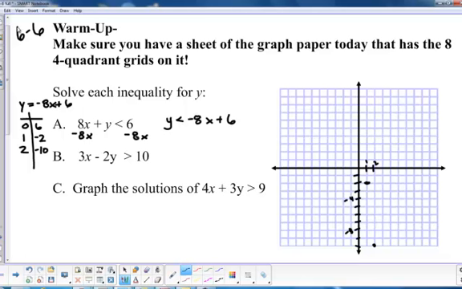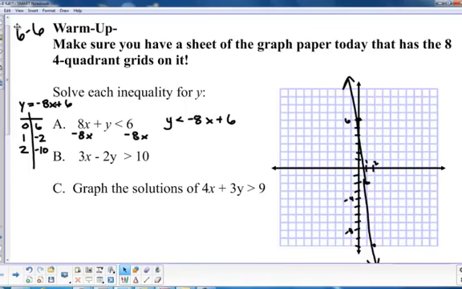And 0 gives 6. So I've got a somewhat steep line, because the slope is negative 8, a line with a negative slope, like so.